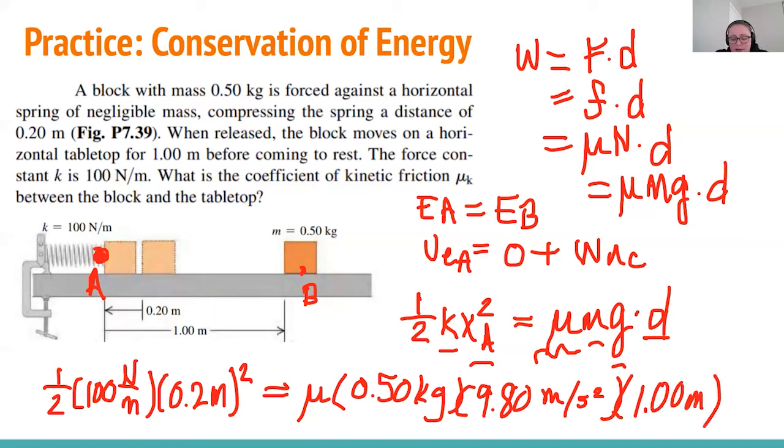Plugging this into a calculator, we get that mu is equal to 0.41, and it should be unitless. For sig figs, that should be about 0.4.